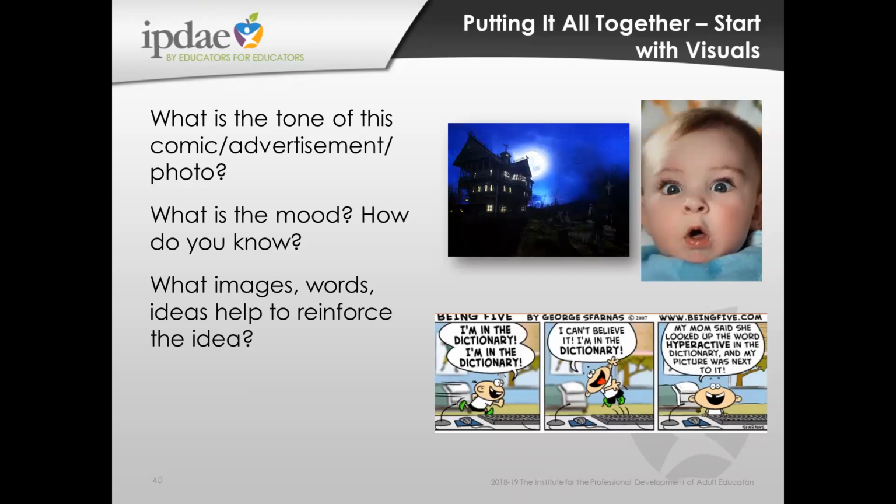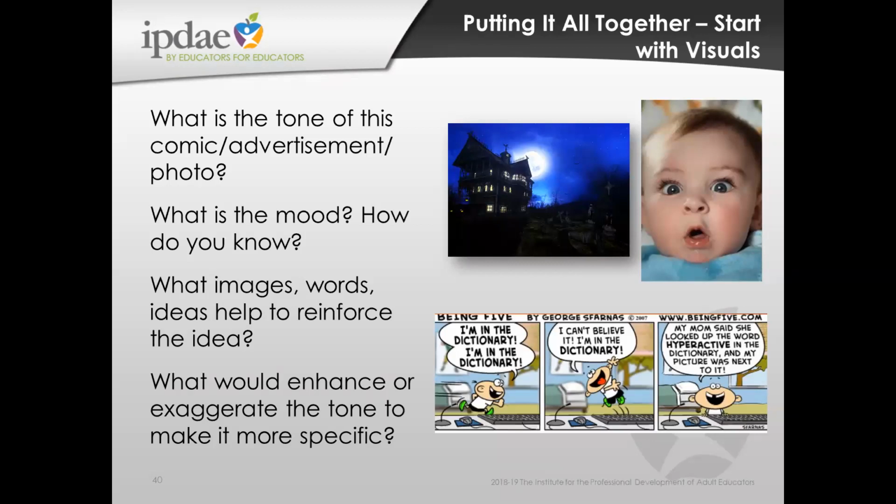All I have to do is look at that cartoon and how that little guy is jumping, etc., to know what type of tone that author has and how it makes me feel. And again, that next level up: what would enhance or exaggerate the tone to make it more specific? Is there something this particular author, artist could do to make it even more?